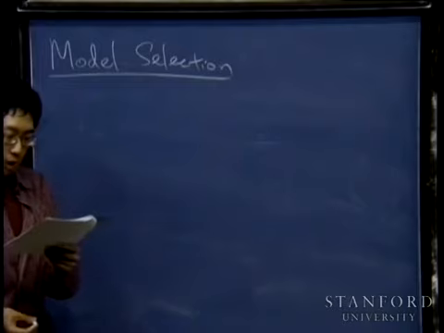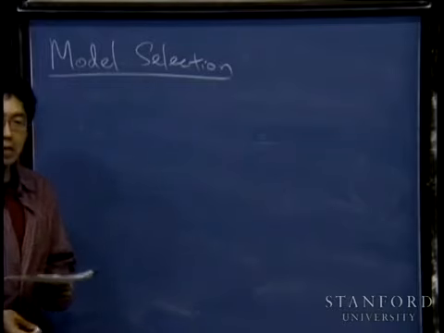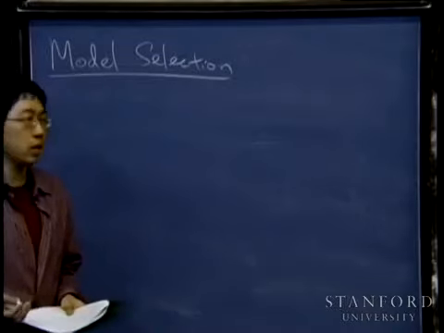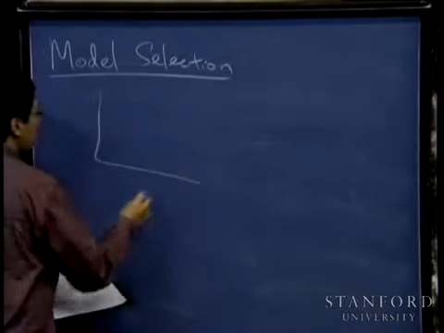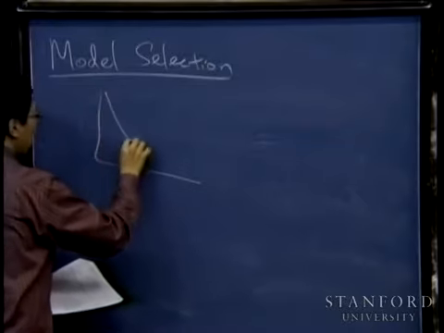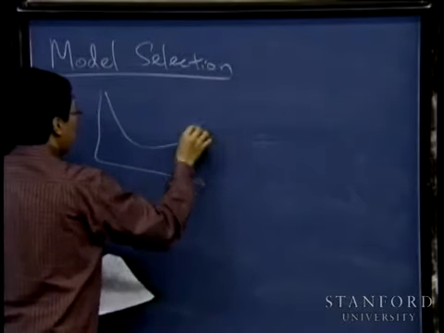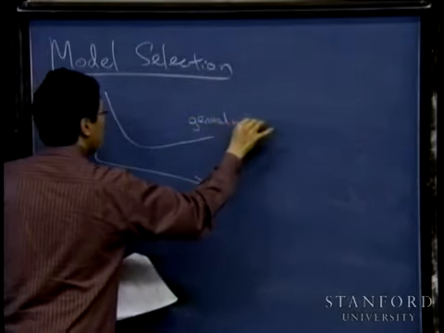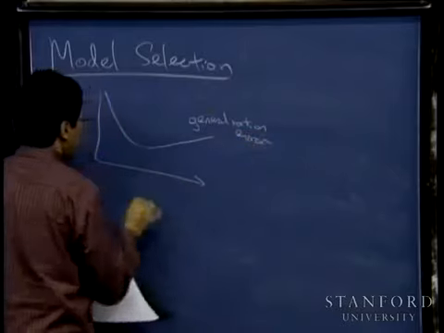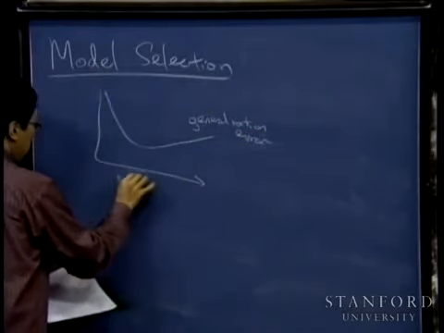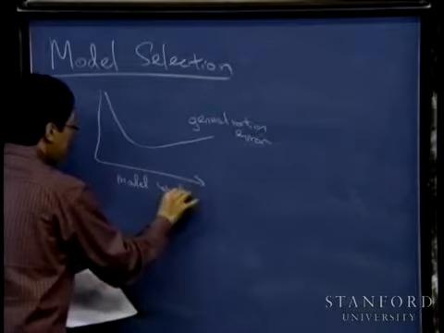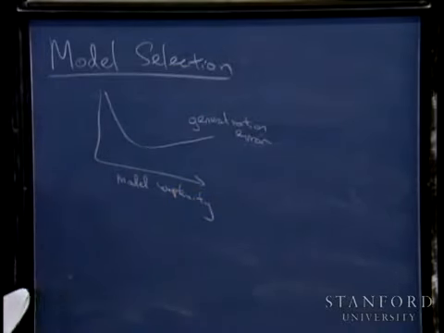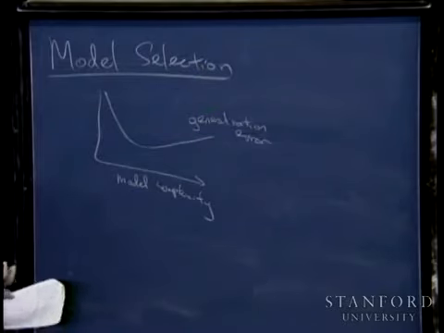So model selection algorithms provide a class of methods to automatically make these trade-offs between bias and variance. Remember the cartoon I drew last time of generalization error, where on the x-axis was model complexity, meaning the degree of the polynomial that you're fitting to a regression function or whatever.